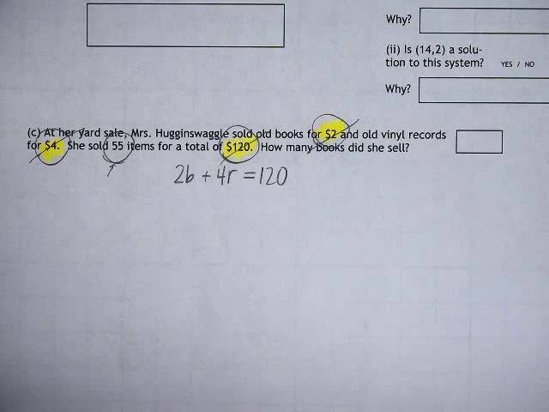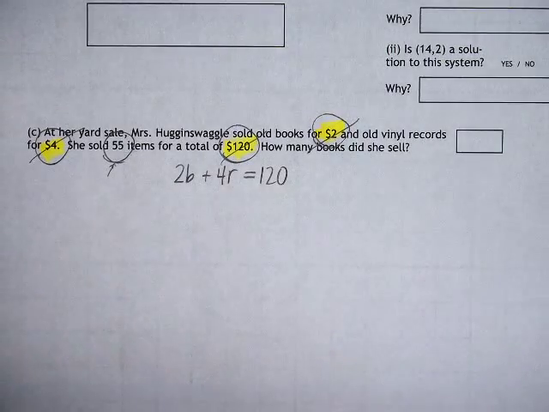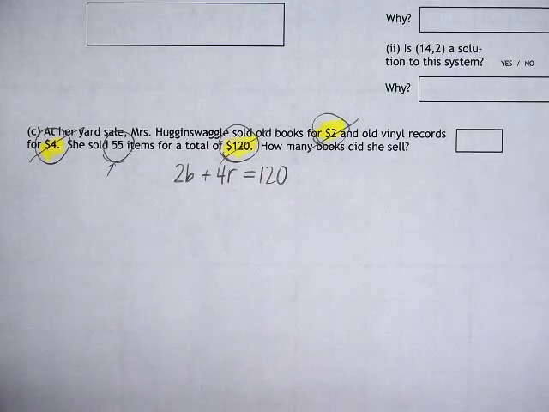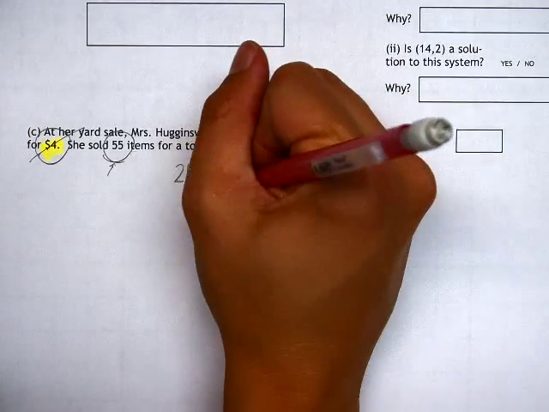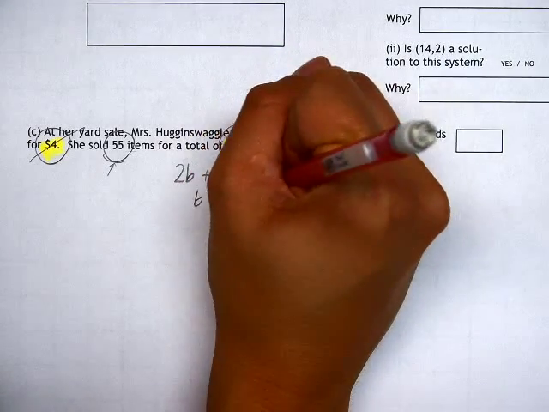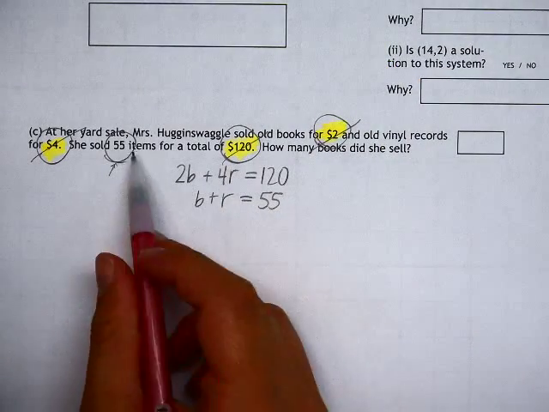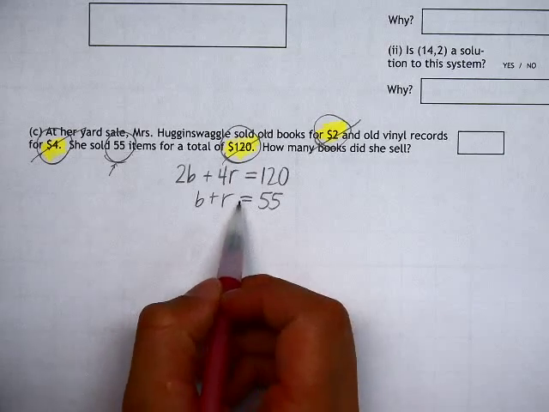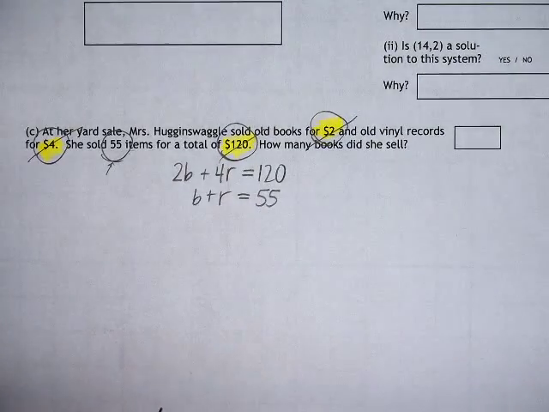Now, we don't know anything about the 55, just that it's the number of total items. But if we know that b and r represent the different types of items, we can write a second equation as b plus r equals 55. Noticing that the items for book plus the items for record would have to equal 55 total items. Similar structure to the first one.